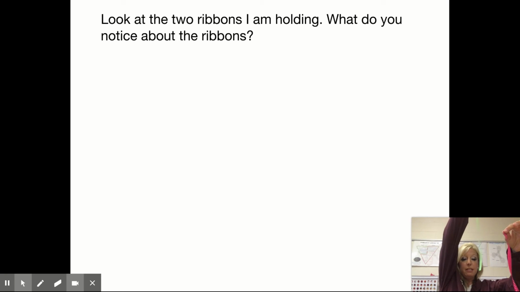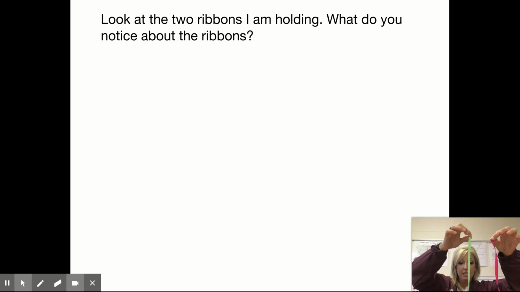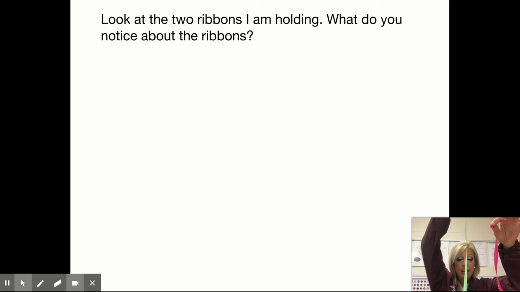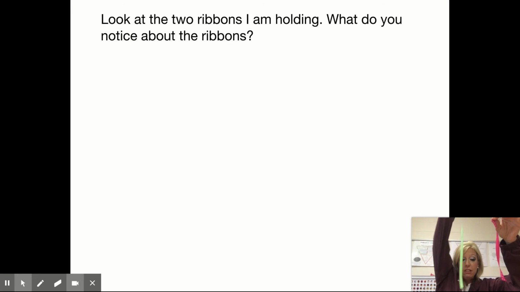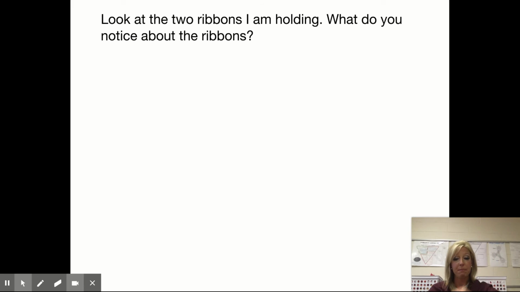And this green ribbon takes a long time for me to show you because it is longer than the pink ribbon. So as we're looking at these ribbons, we may say the pink ribbon is shorter than the green ribbon, or we may say that the green ribbon is longer or taller than the pink ribbon.